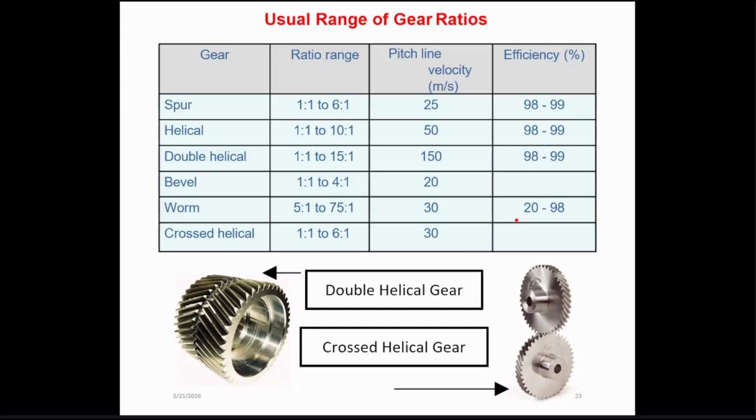So in normal scenarios, we say that the worm and wheel efficiency is around 30 to 40. I hope you got some idea about the different gear types, and the efficiencies and applicable velocity ratios.